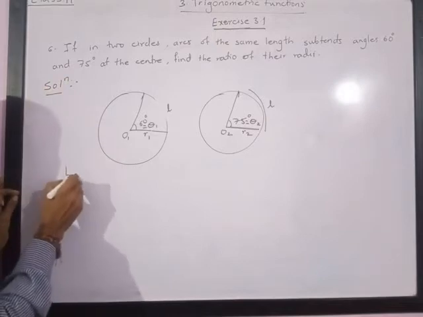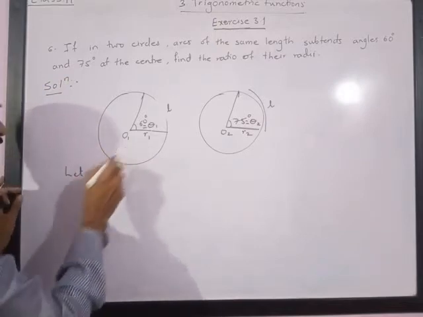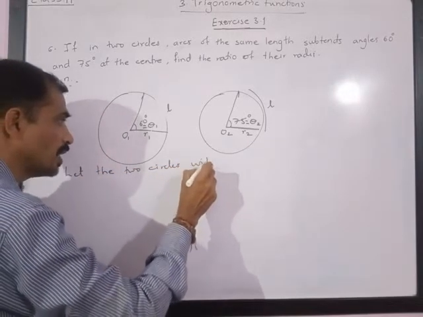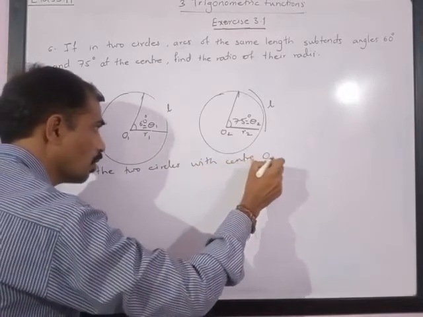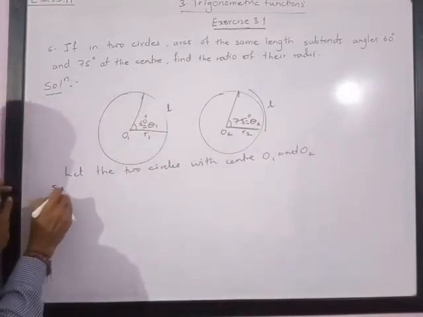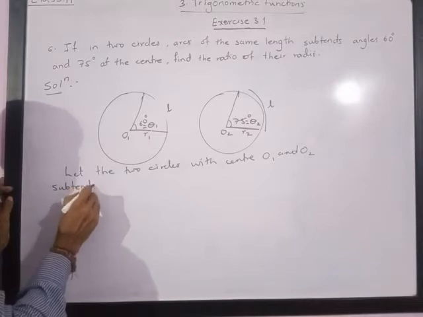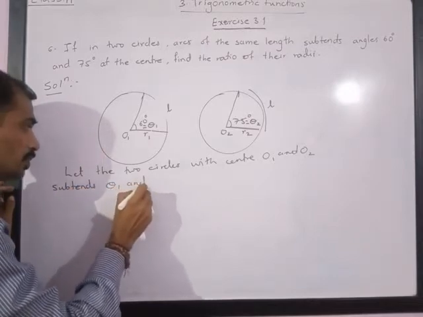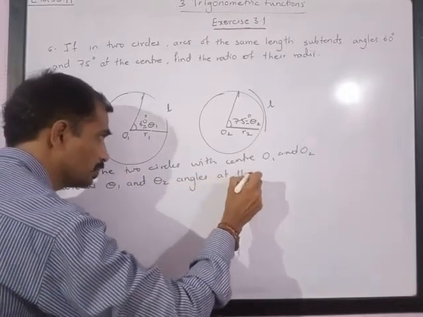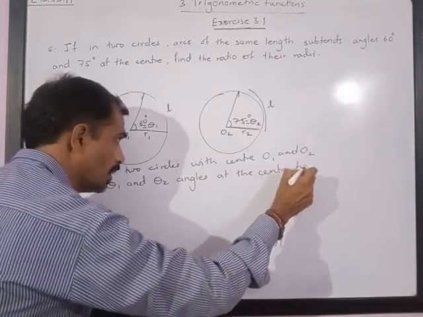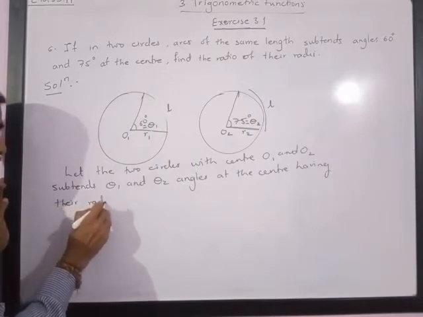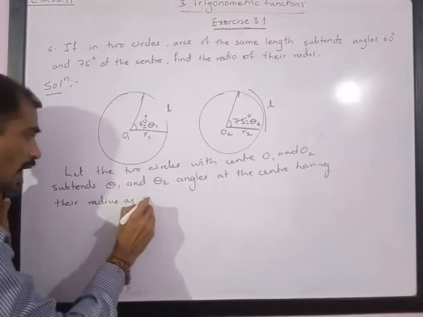Let the two circles with centers O1 and O2 subtend angles theta 1 and theta 2 at the center, having their radii as R1 and R2.